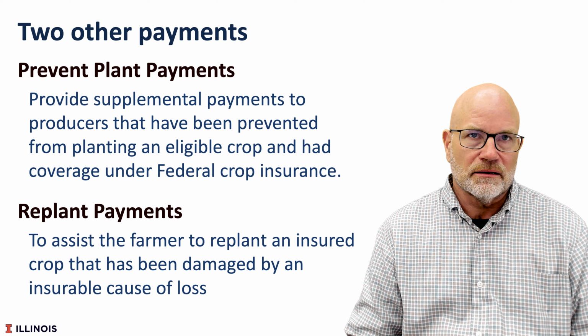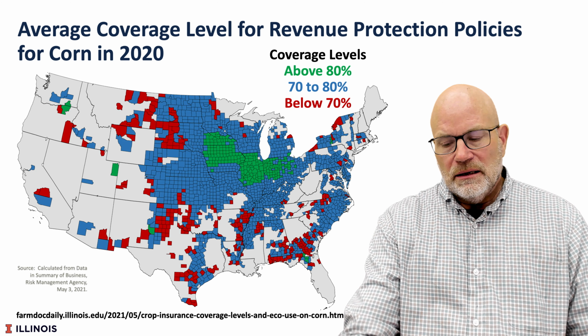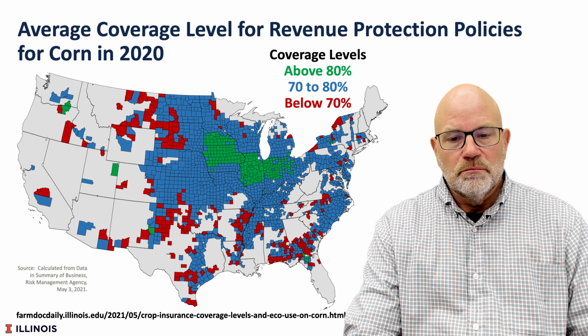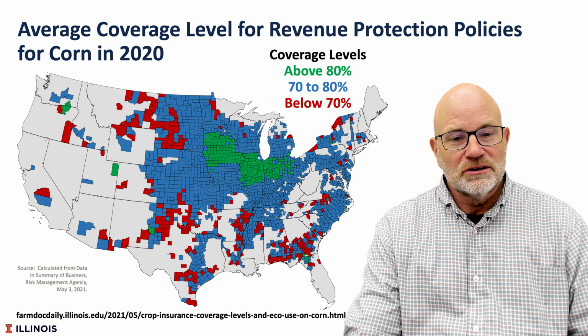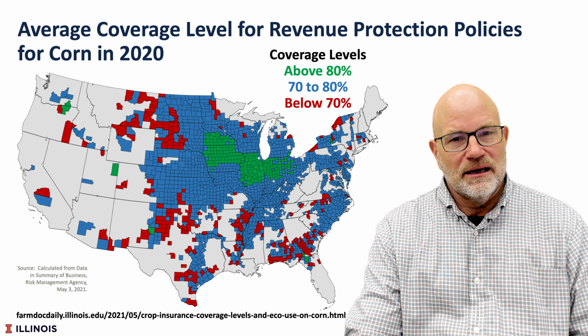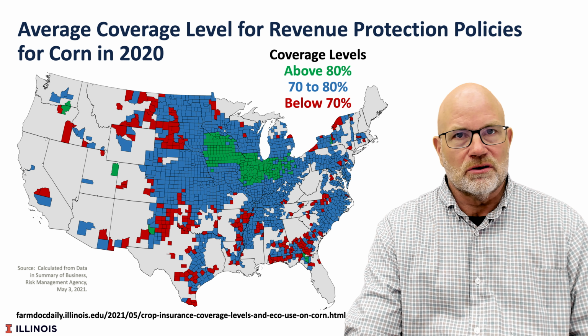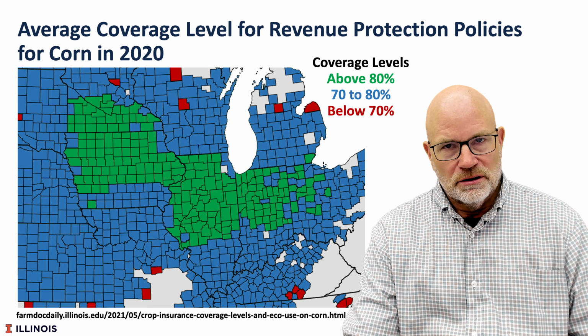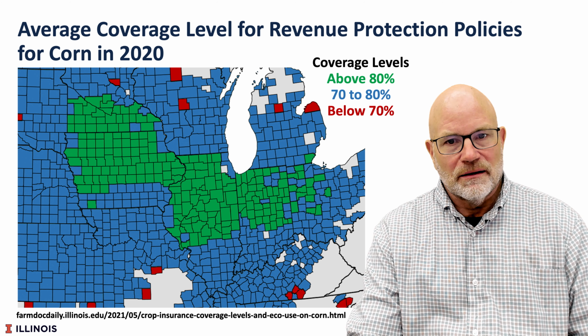In selecting the coverage level, most farmers in northern and central Illinois pick a coverage level between 80 and 85%, and that's the same across Iowa, northern and central Illinois, and Indiana.